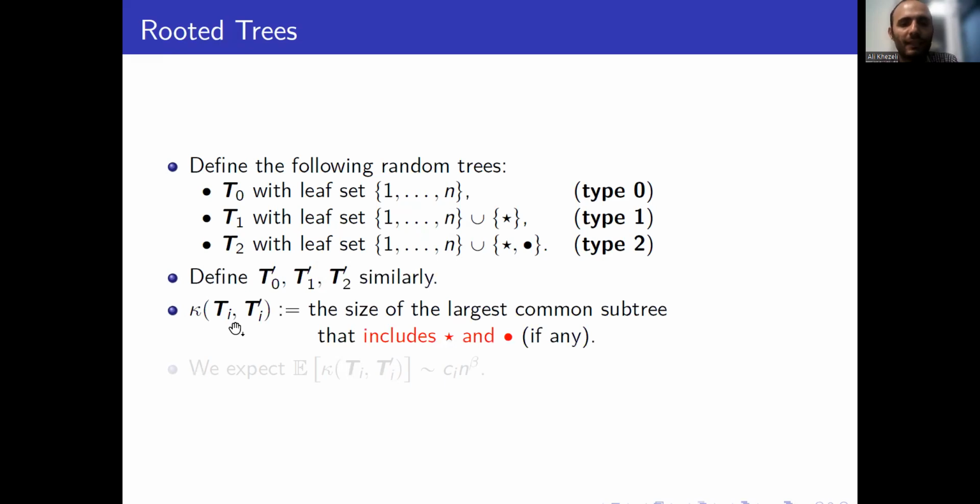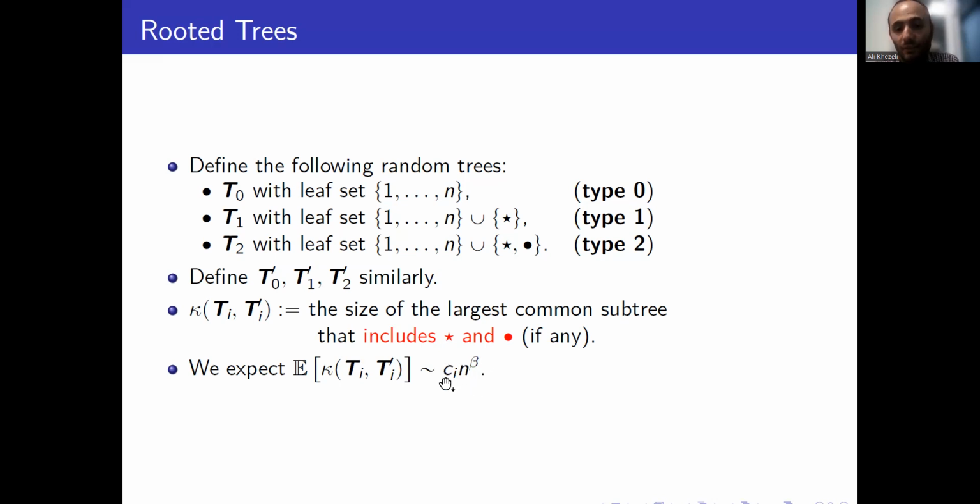And we define the value of kappa, which is the size of the largest common subtree, but we have a condition here that the subtree should include the special leaves. So we have 3 values of kappa here. We can ask the same question: what is the growth of the expected value of kappa? We expect that they grow again like c_i times n to the beta, but we will see that these c_i's, the coefficients, should be different.